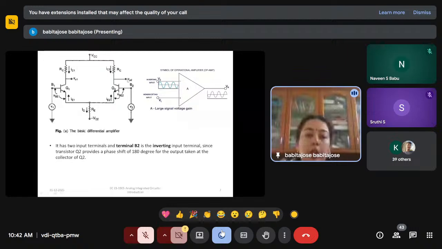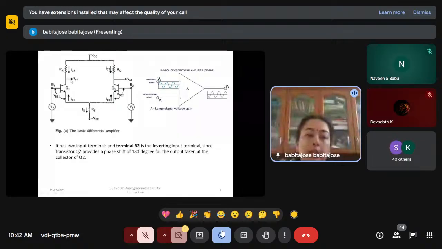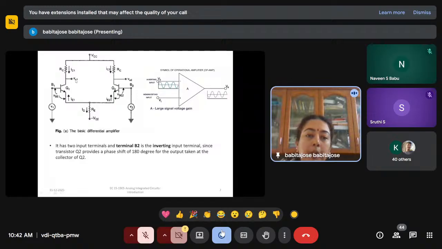That means it's measured at the collector of the transistors, V02 minus V01. So that means you are measuring at the collector of Q2 with respect to the collector of Q1. You are measuring the output at the collector of Q2.